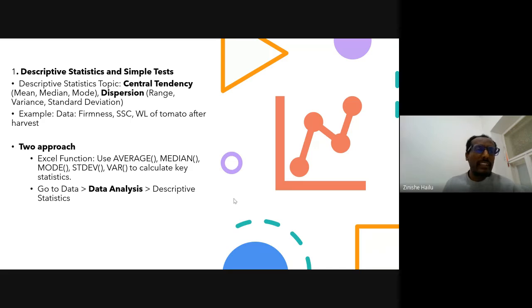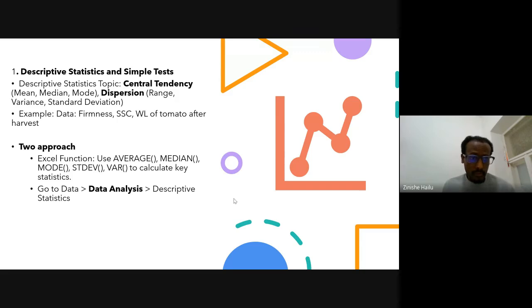To summarize the descriptive part, we will see accuracy and precision measurement techniques, like the central tendency: mean, median, and more. As precision measures, we'll see the variance and standard deviation of our data, and how we can analyze them in Excel. We can proceed with two approaches.